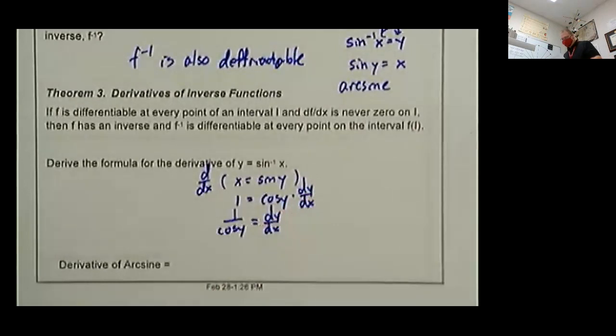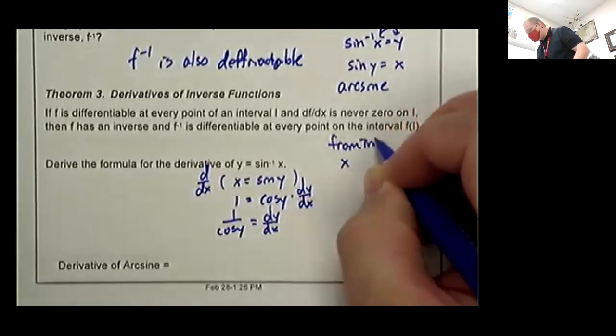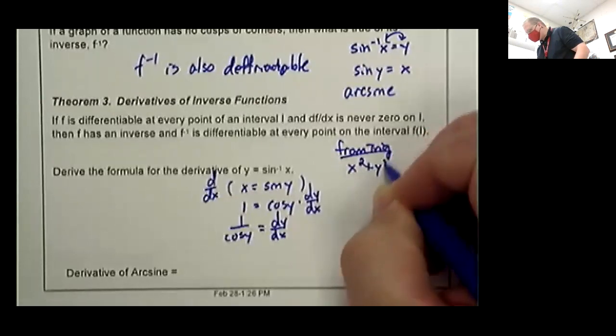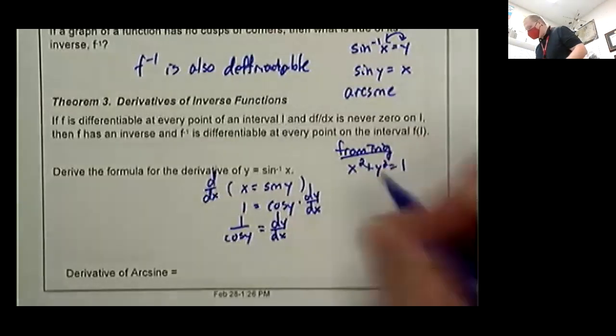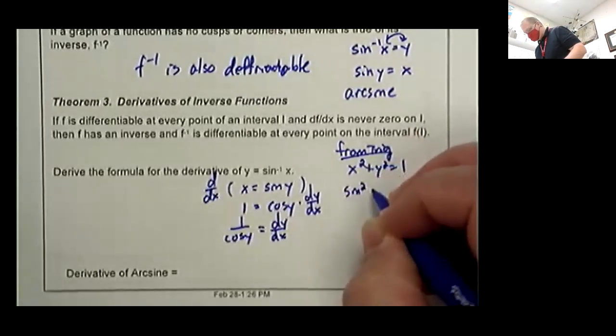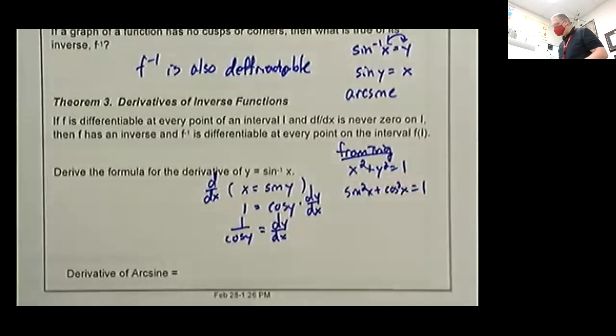And here we're going to insert a trig identity. You're kind of like, why are we going to insert a trig identity? But we are. From trig, we remember that x squared plus y squared is equal to 1, where cosine is the x and sine is the y. So sine squared of x plus cosine squared of x is equal to 1.